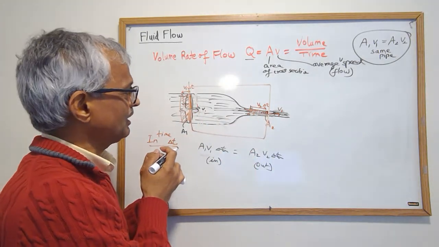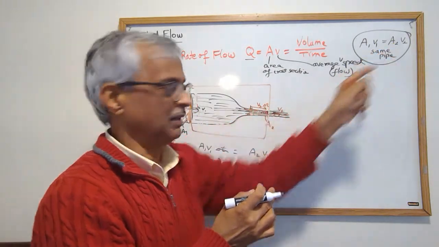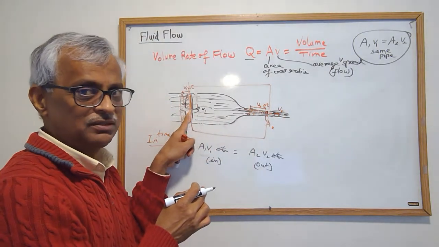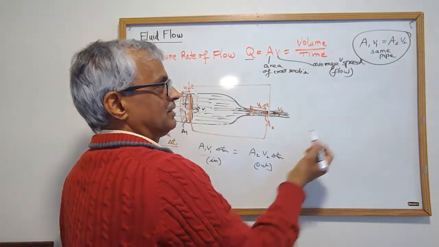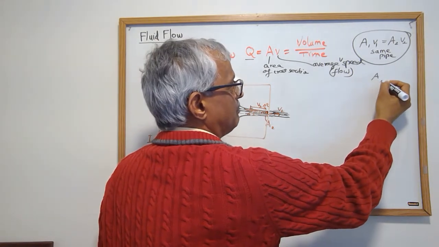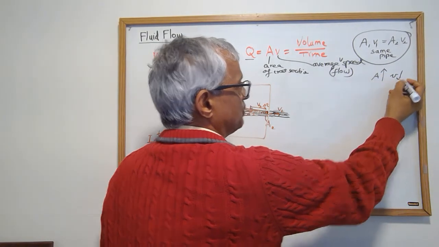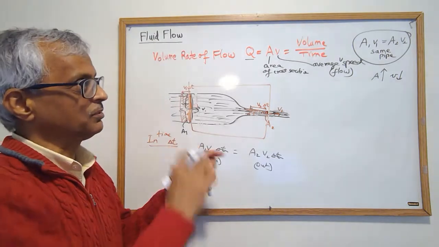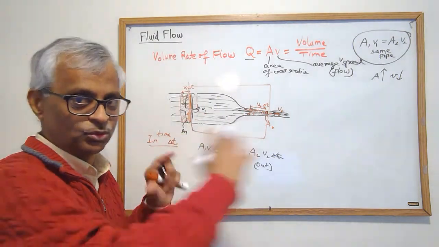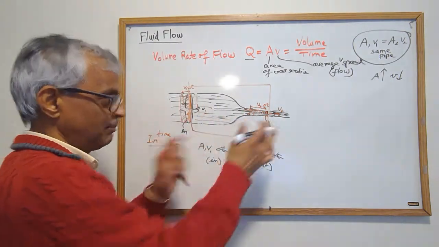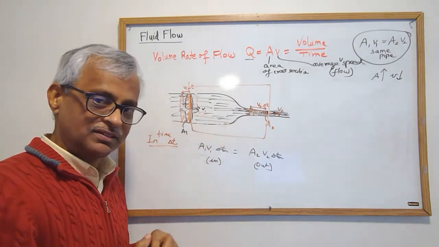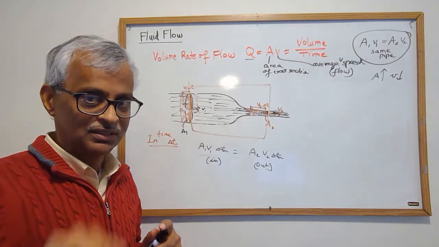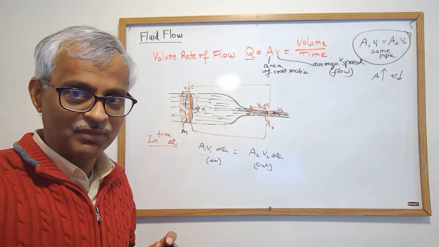If the area of cross section is bigger, if A is bigger, then V will be smaller, right? Wherever A is bigger, V has to be smaller because their product has to be equal throughout the same pipe. I want to have another example of this, so I will pause and restart after pausing.